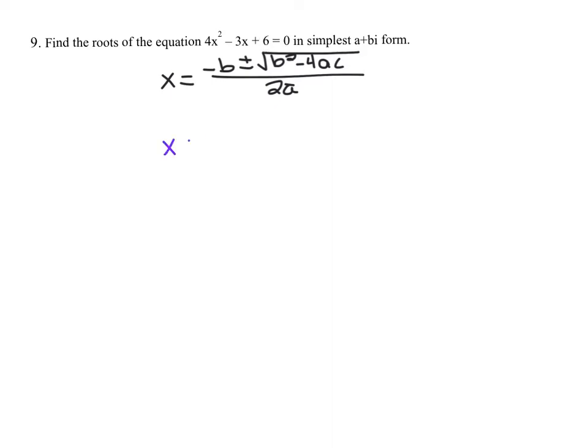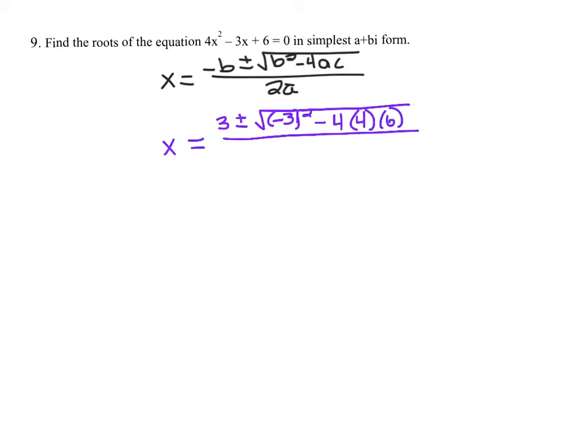So we have x equals negative 3 will be positive 3 plus and minus the square root of b squared, so negative 3 in parentheses squared. Remember, if you have a negative, you have to put it in parentheses before you square it. Or you could just write out 9 minus 4 times 4 times 6.